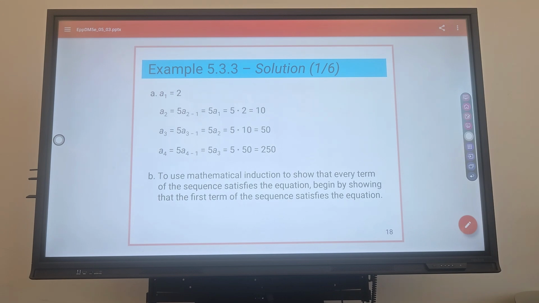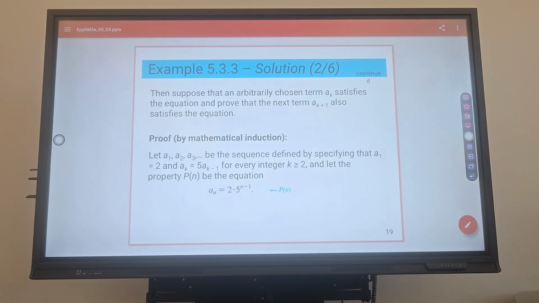Use mathematical induction to show that every term of the sequence satisfies the equation. Begin by showing that the first term of the sequence satisfies the equation. Then suppose that an arbitrarily chosen term satisfies the equation, and prove that the next term also satisfies the equation.